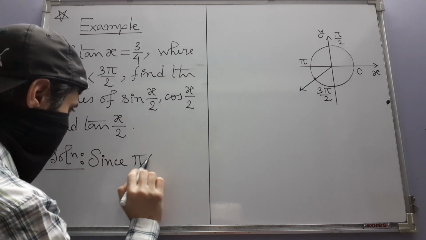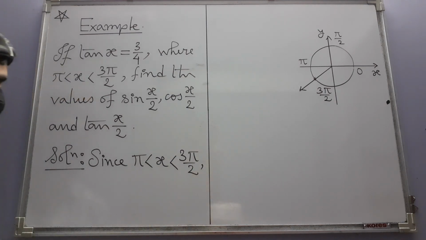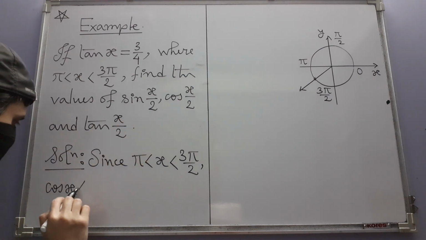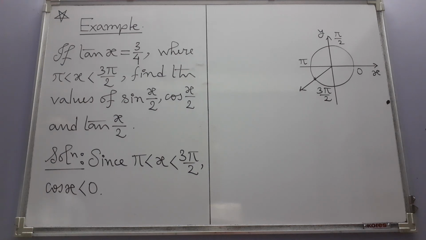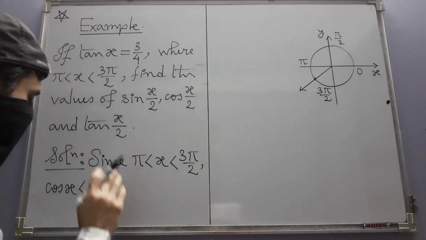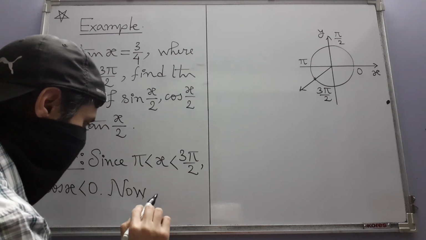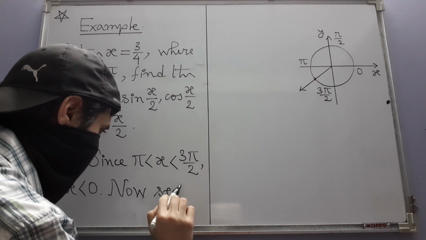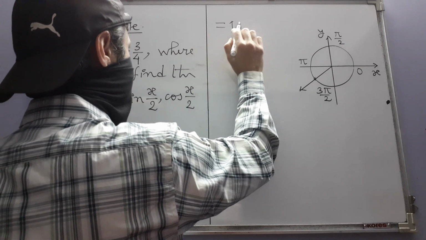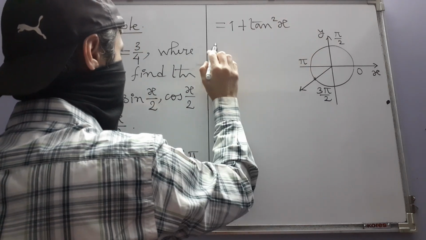Since x lies between pi and 3 pi over 2, cos x is negative. Now it's given that tan x is 3 over 4, not 3 pi, 3 divided by 4. Now, secant square x is what? 1 plus tan square x.